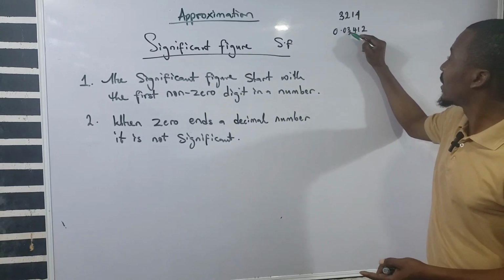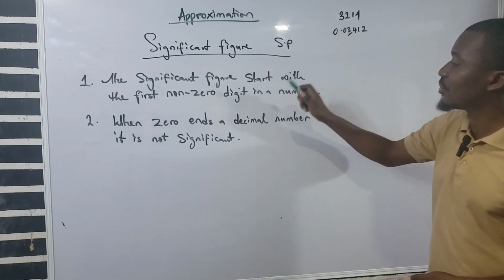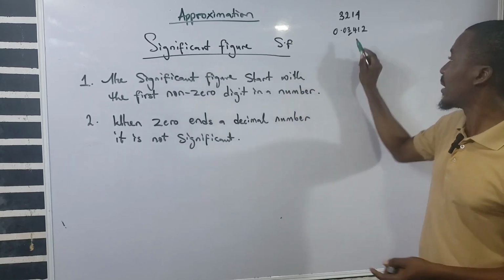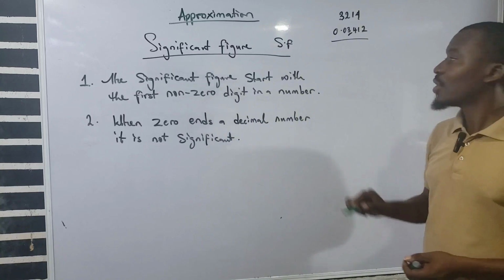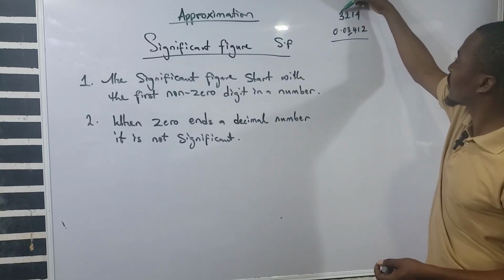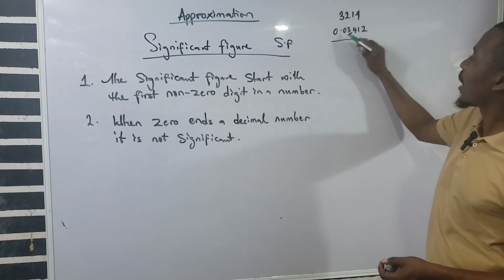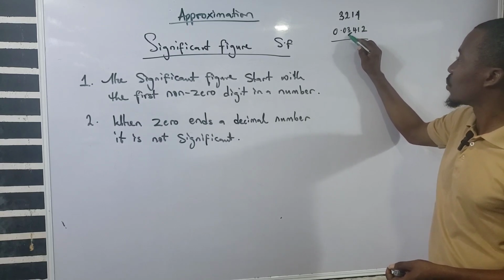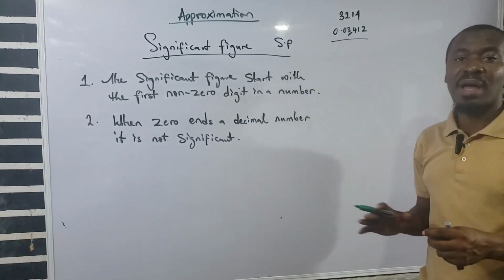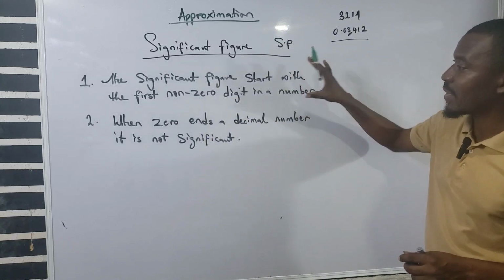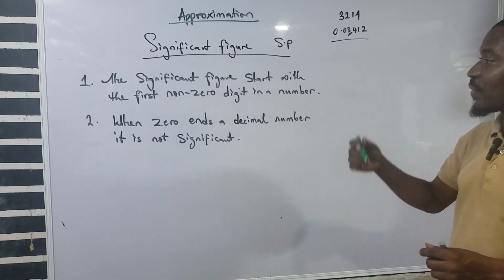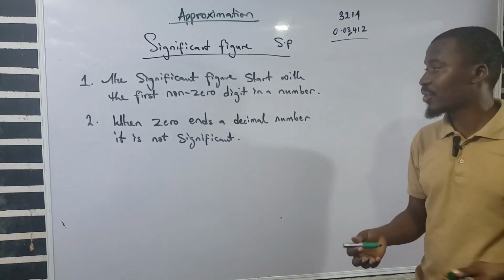Why? Because 3 is the first non-zero digit we have in this number. In this case, 3 here is the first, so we start here, 1 2 3 4. Here we also start from here to count. So you need to have that in mind. That's what we mean when we say significant figure starts with the first non-zero digit in a number.